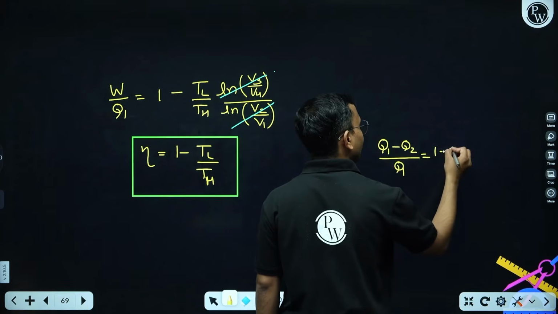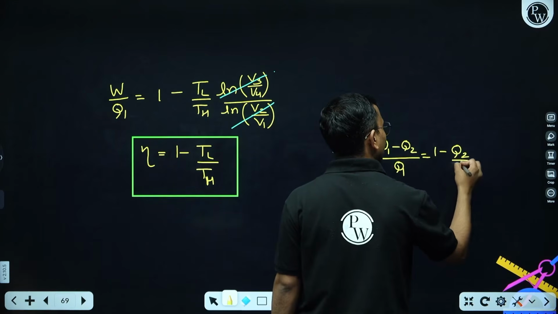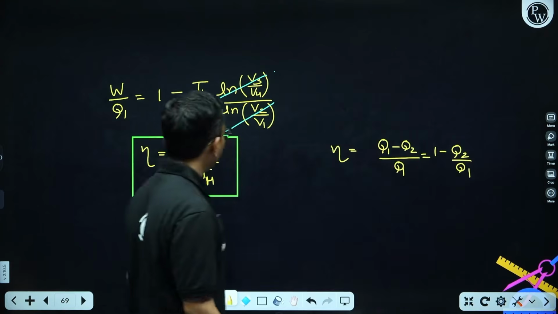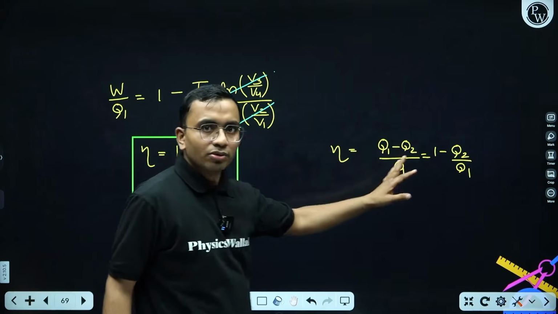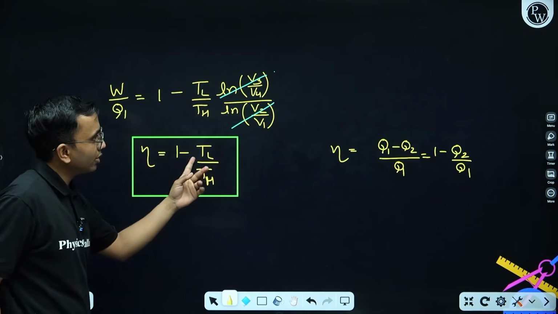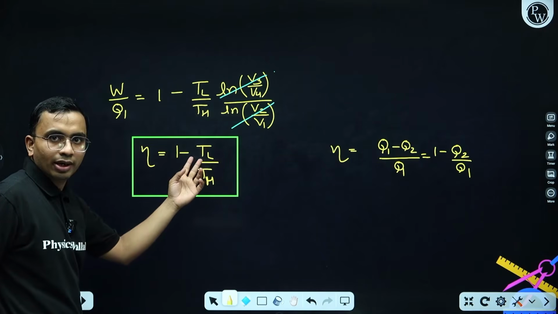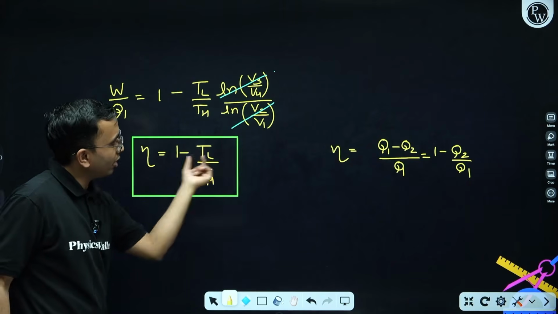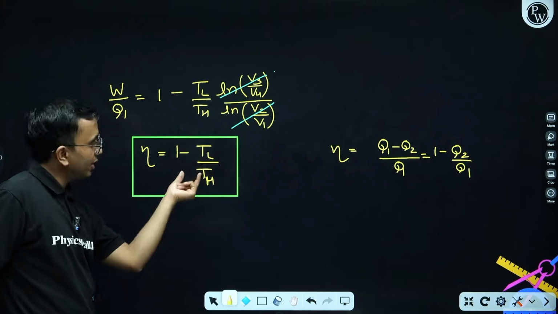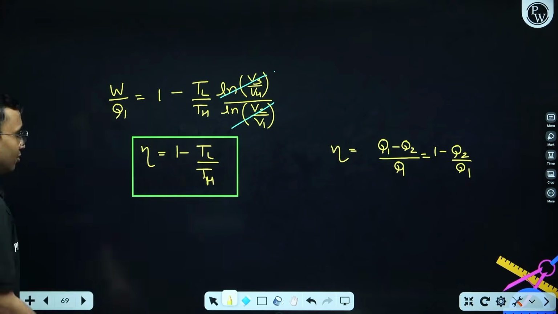So this was 1 minus Q2 by Q1. We are getting the same thing. So basically Q is coming out to be proportional to the temperature. Q2 is the heat related to the low sink temperature, so there you can write T low. Q1 is related to T high. That is basically proportional to that.